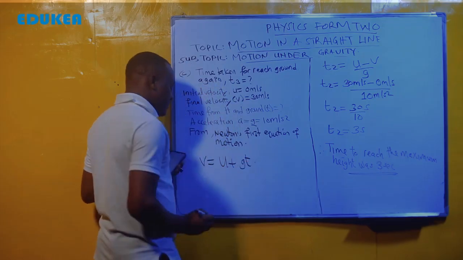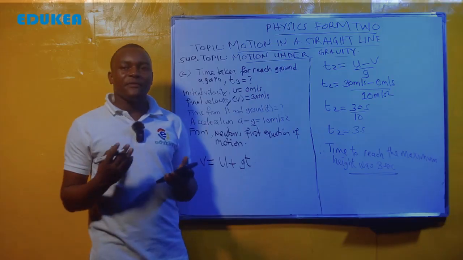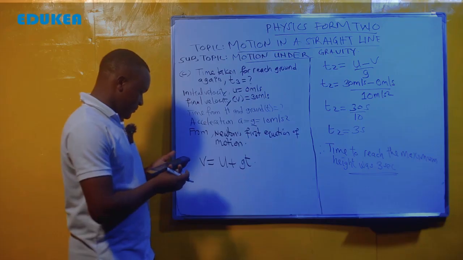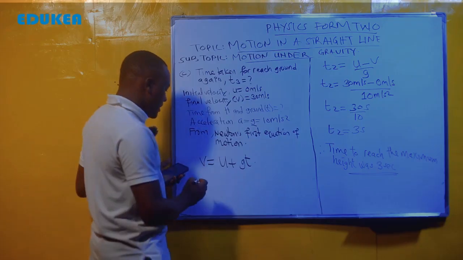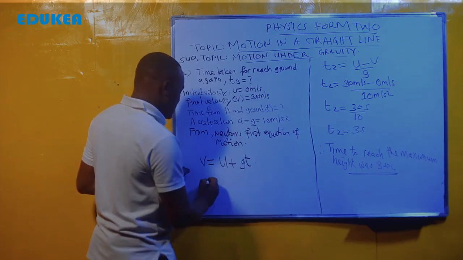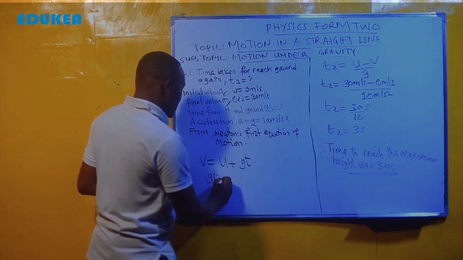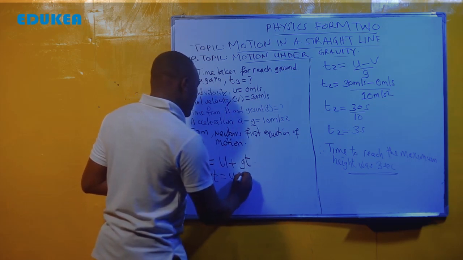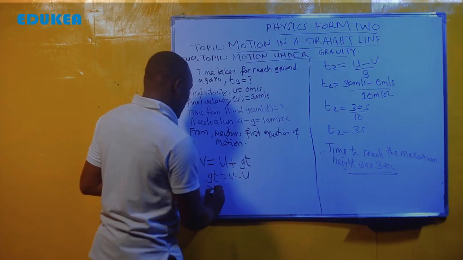So now let's find the value of t. If you make gt the subject, it will be v minus u, then divide by g.